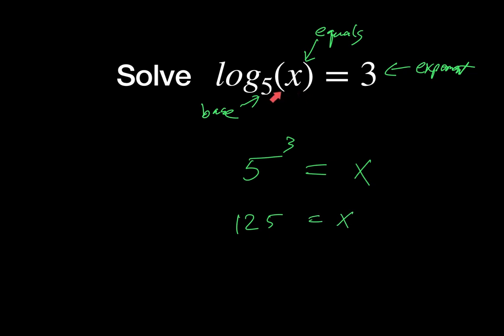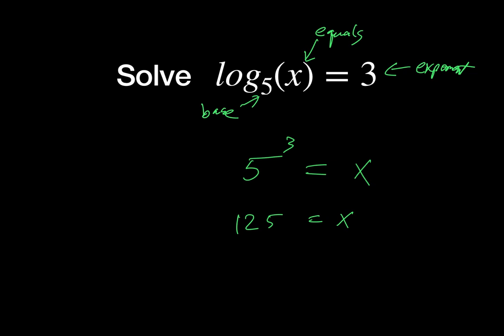The biggest thing that we're assessing for on this question is can you convert from logarithm to exponent form? If you got to here and just ended it there, you'd get the full credit, a 4.